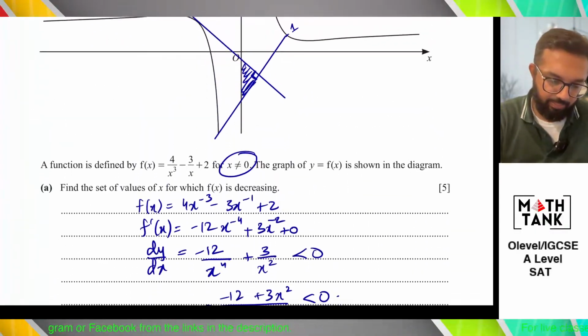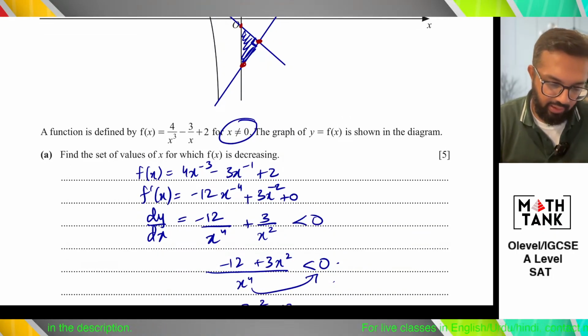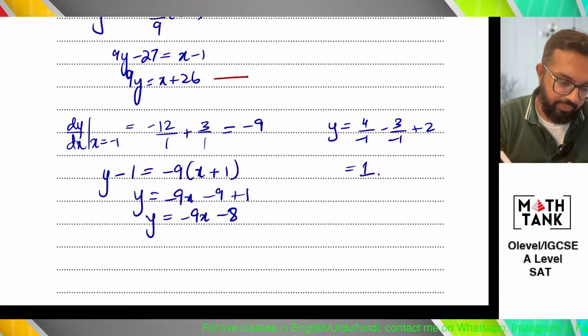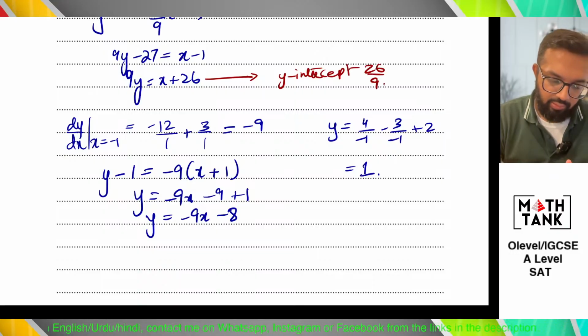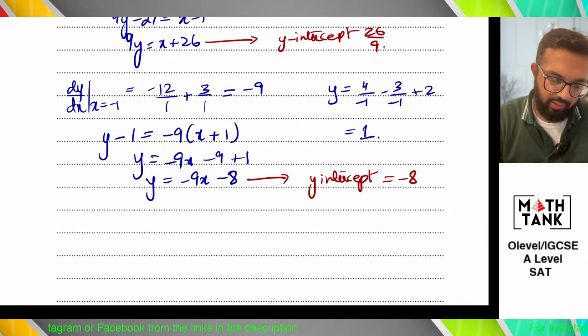I need this point, and I certainly need these points for me to be able to calculate the area. So I need the y-intercept of both. So this y-intercept is basically, I think, 26 over 9. This y-intercept is minus 8. And I need the intersection point.